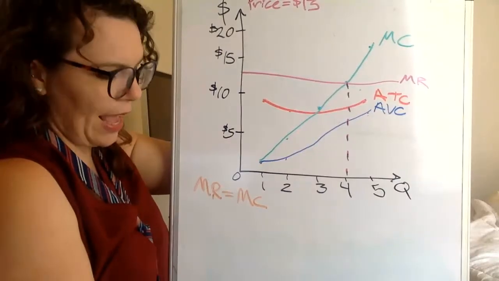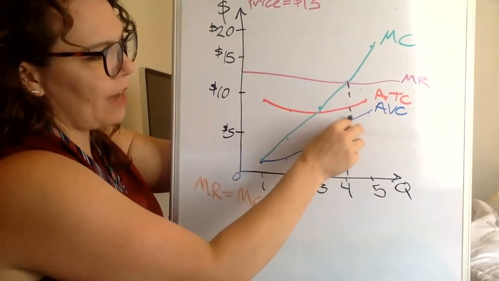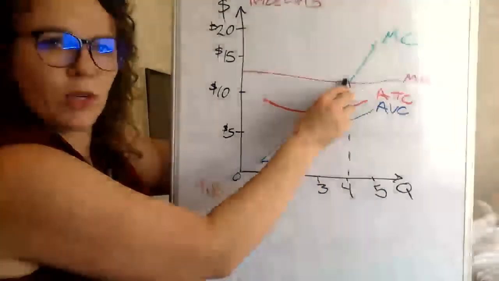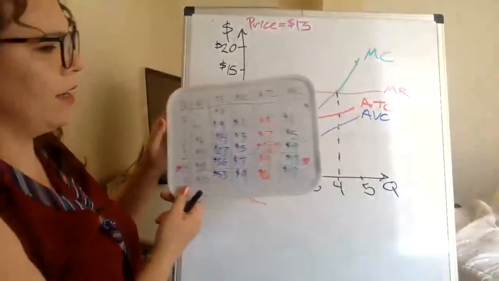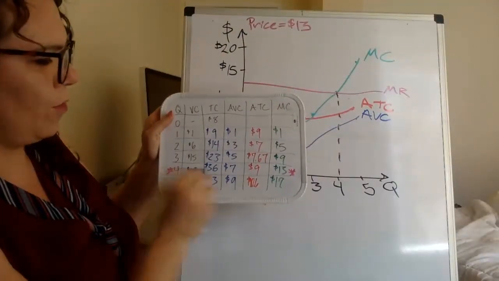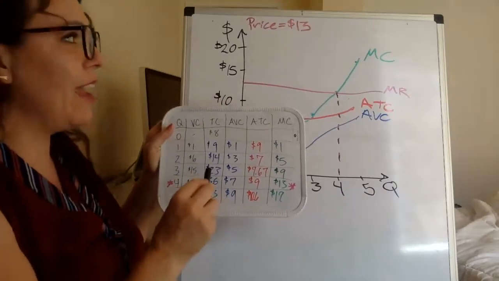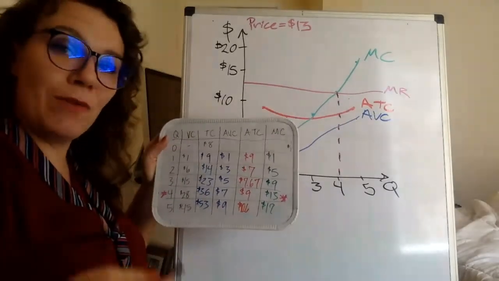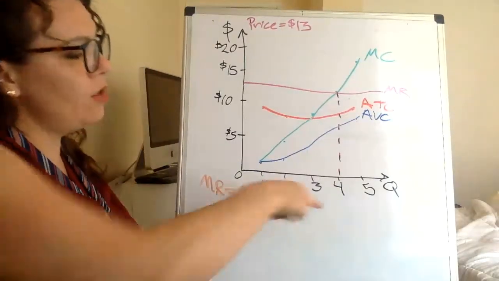And we're going to be looking at this production point here to make that choice. And you can see here's average variable cost. Here's marginal revenue. You can also look at it in the table, right? At a quantity of 4, the firm faces average variable costs of $7 and gets paid marginal revenue of $13. So they would definitely stay in business in the short run, and in the short run they would produce those 4 units.